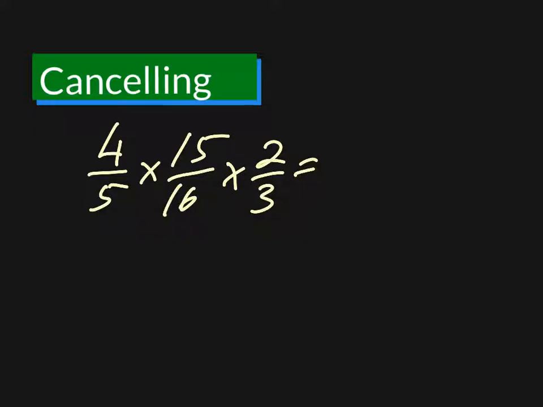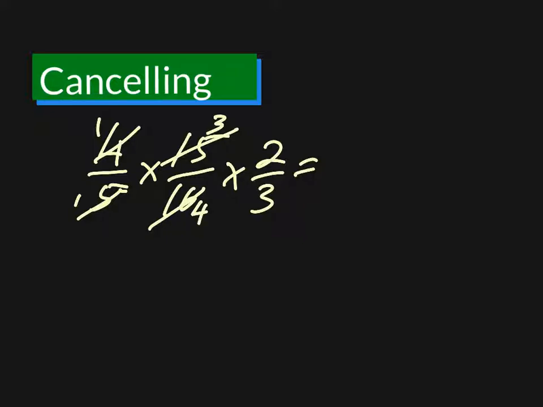So if we look here, we can see that the numerator 15 and the denominator 5 will both divide by 5. So 15 divided by 5 is 3, and 5 divided by 5 is 1. And we can also see that the numerator 4 and the denominator 16 will both divide by 4. And 4 divided by 4 is 1, and 16 divided by 4 is 4.